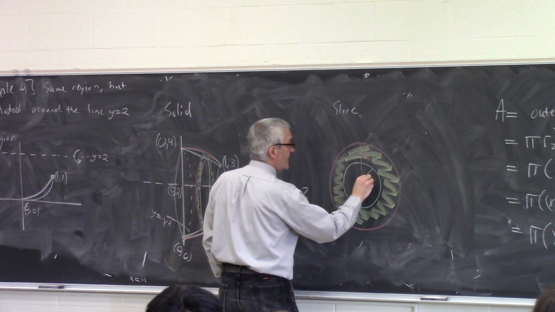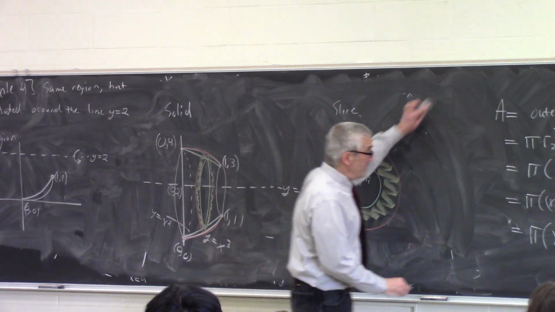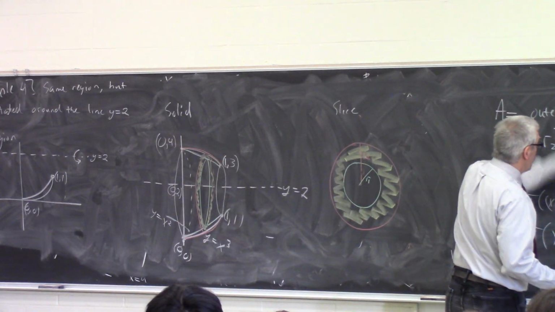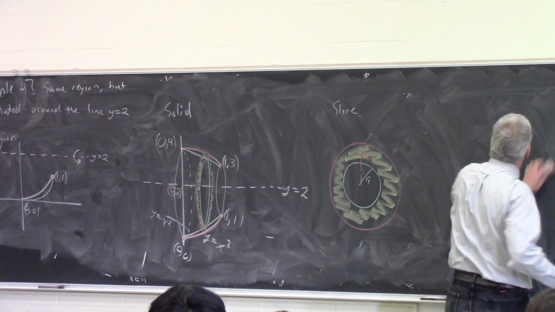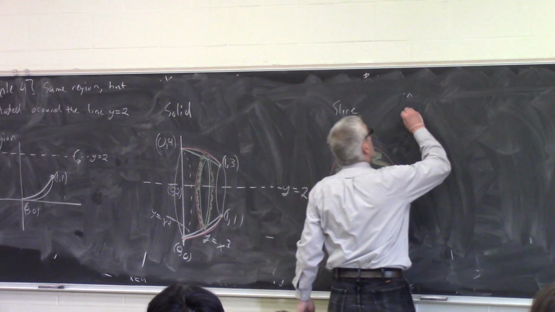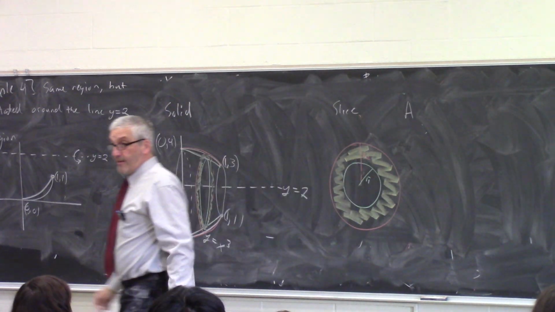I'm going to have an inner radius that I'm going to color green. And my area of the slice is going to be pi times the quantity R2 squared minus R1 squared. So it's going to be a slice. Now, is this a slice at X or a slice at Y?